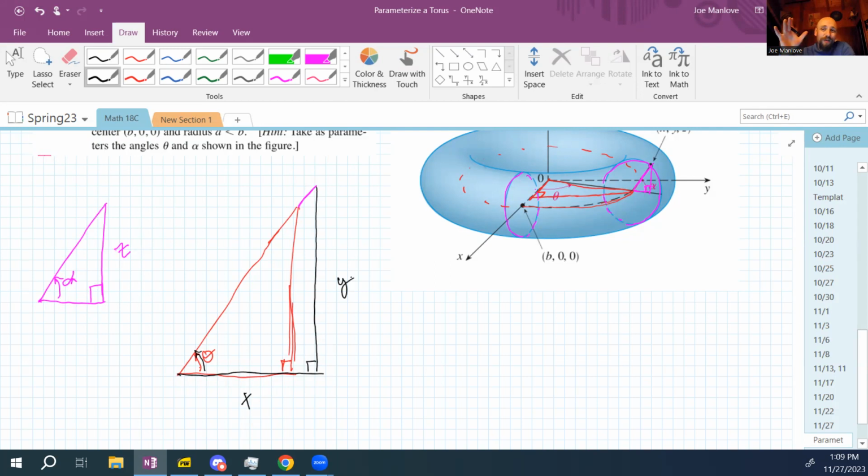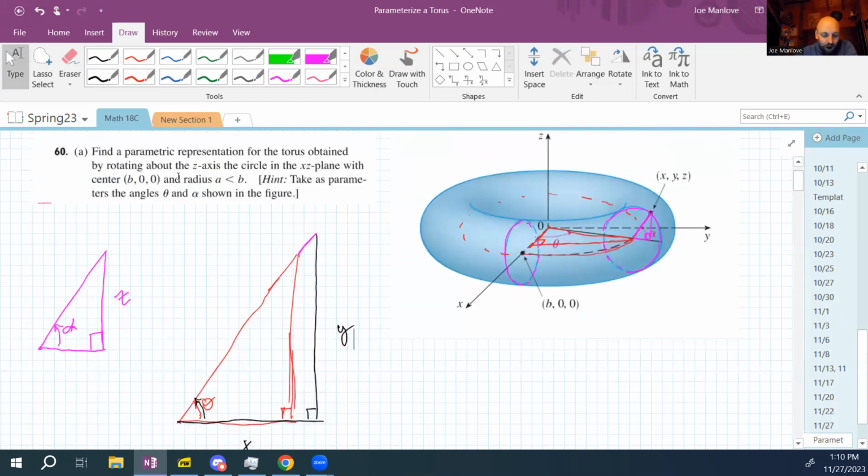Okay, so now that you've thought about it for a little bit, I'm going to kind of push on our hint. The push I'm going to give you is to think about what the radii are here. So the radius for the pink triangle, they tell me that I'm finding a parametric rotation for a torus obtained by rotating about the z-axis the circle in the xy plane with the center b, 0, 0.